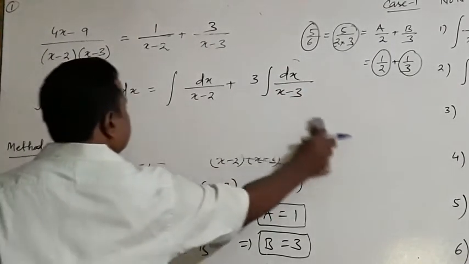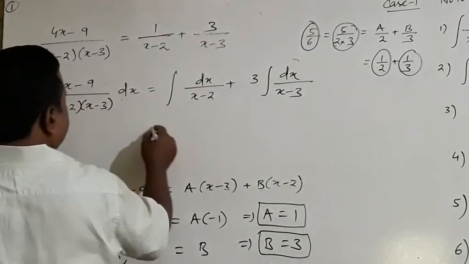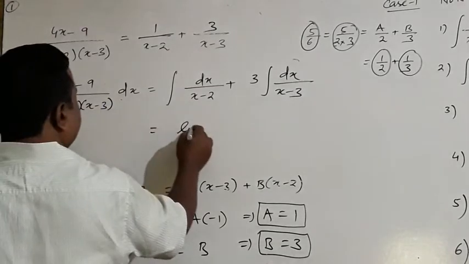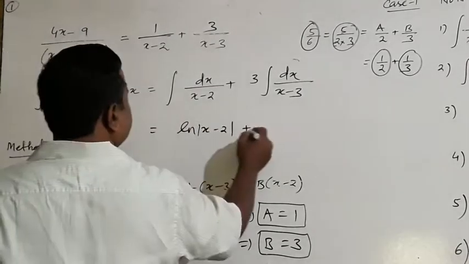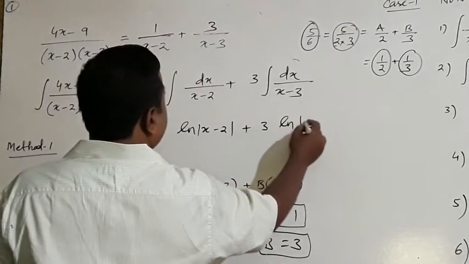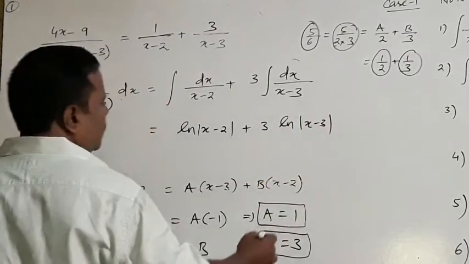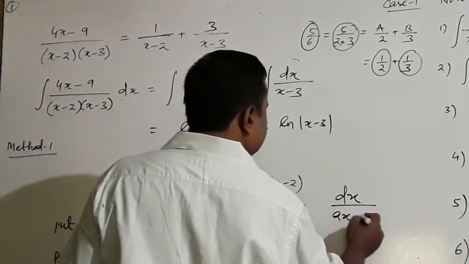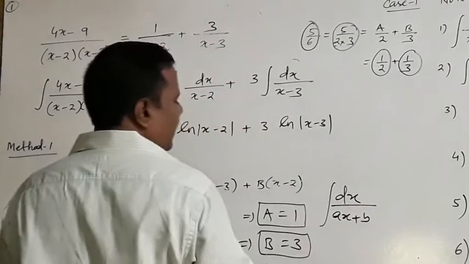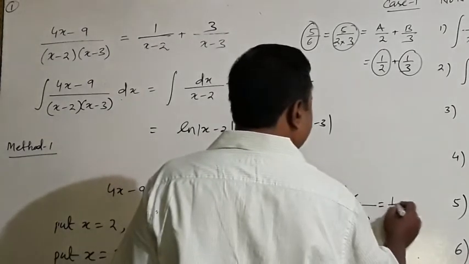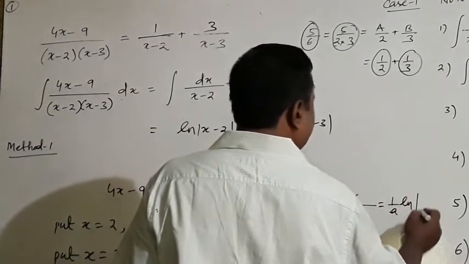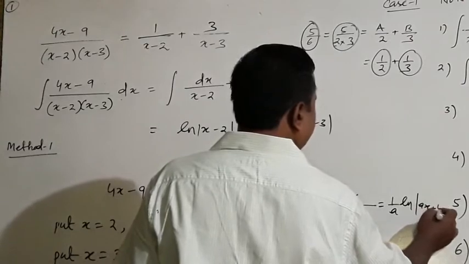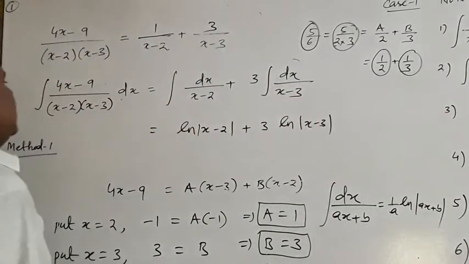It becomes ln of x minus 2 plus 3 times ln of x minus 3. As you know, integral of dx by ax plus b is the formula: 1 by a ln of ax plus b, plus c.